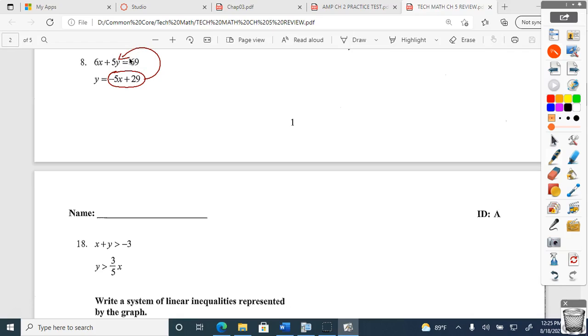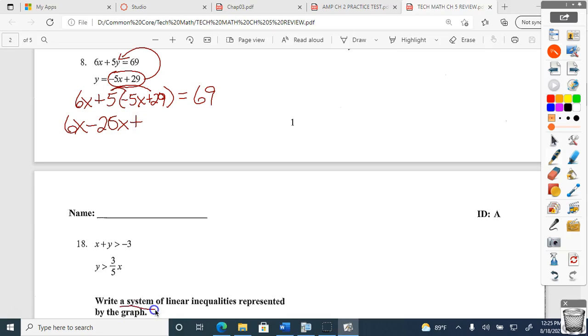All right? So we're going to have 6x plus 5y equals 69, but instead of putting y, I'm going to put negative 5x plus 29. I'm going to replace the y, substitute the y with what y equals, which is negative 5x plus 29. Okay? Simplify, so I'll have to distribute that 5 out. 6x minus 25x plus, I'm going to need your help on that one.